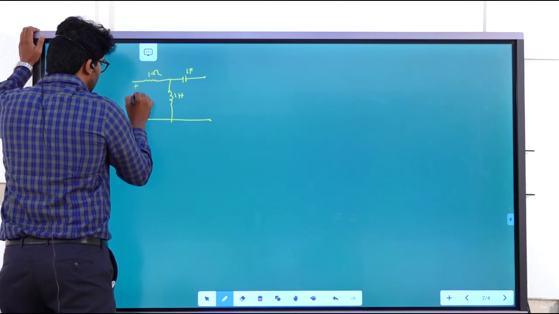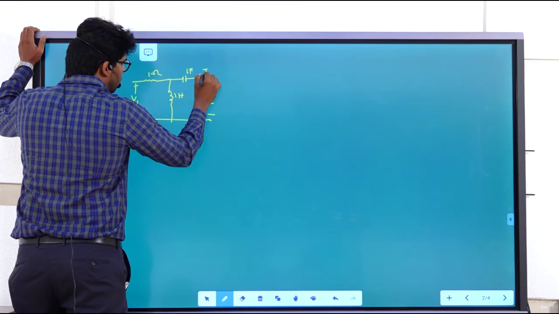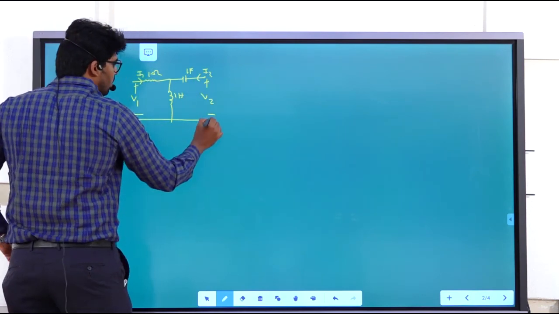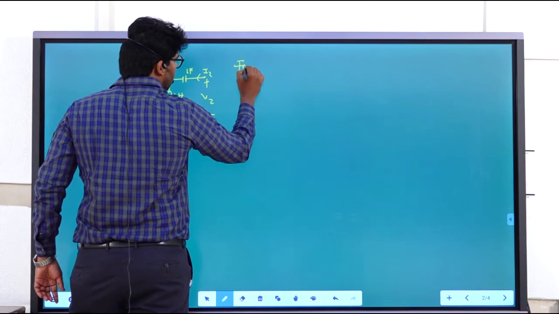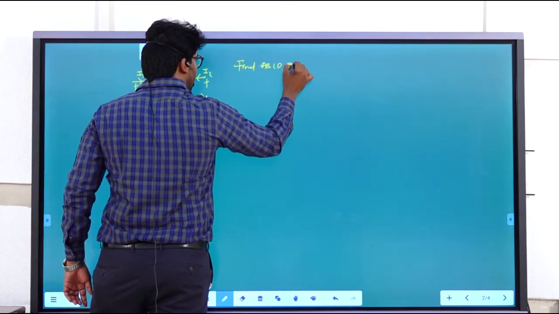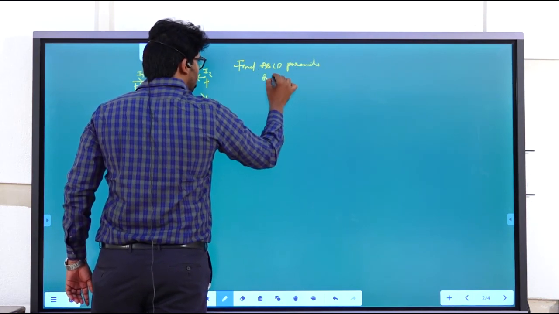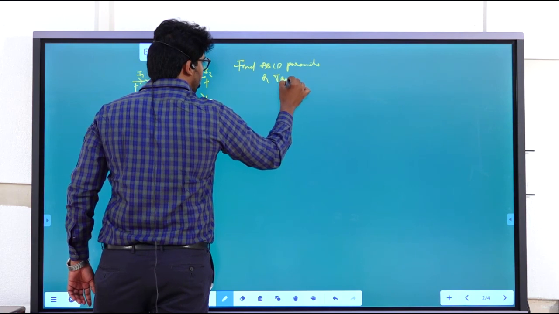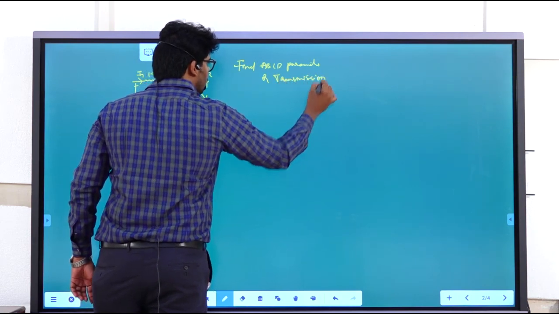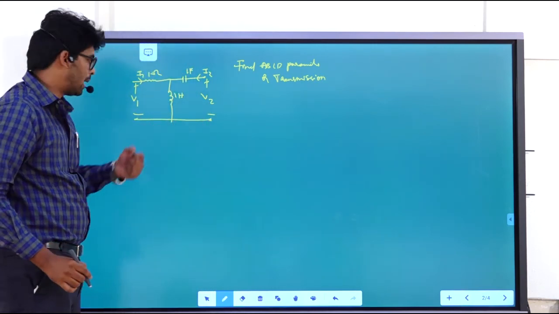This is V1, V2. Current I2 is flowing and current I1 is flowing inside. Now my question is, find the A, B, C, D parameters or transmission parameters. Okay, so I want the transmission parameters or ABCD parameters.